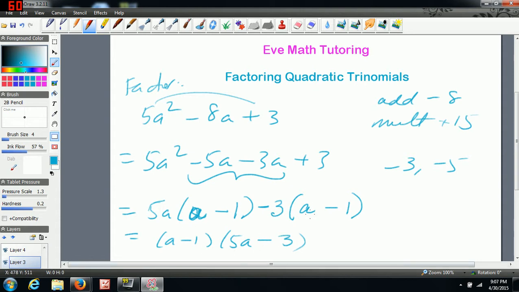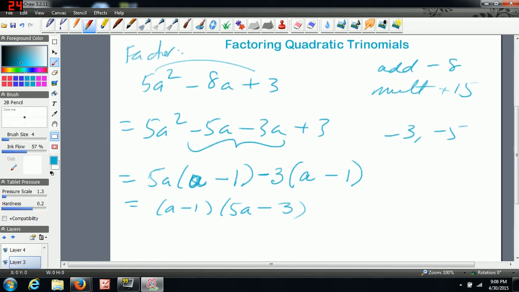So that's the trick there. If we had taken out positive 3, this would have been negative a plus 1, and then we would have had to factor out the negative 1, and then we would have had these two being the same. So you could just do that right from the beginning, okay? So that's that one there.